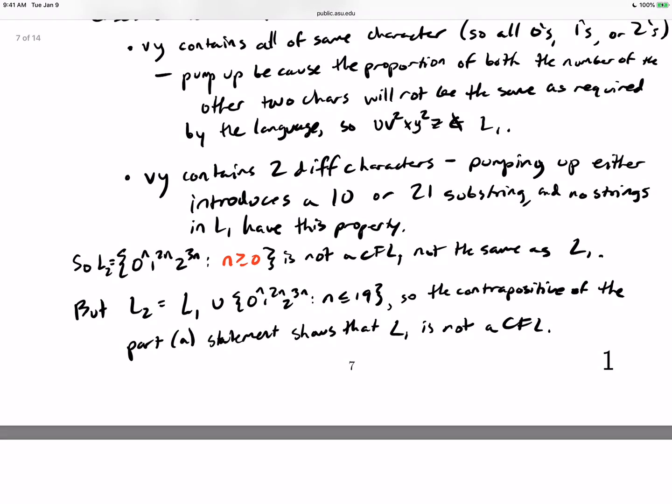But consider this. If we take the language we want to prove not context-free, the at least 20 one, and add in all of the extra strings, the ones where n is at most 19, then I recovered the language that I just proved was not context-free.